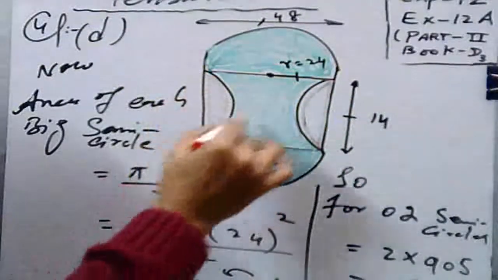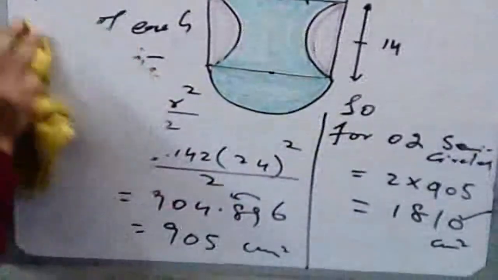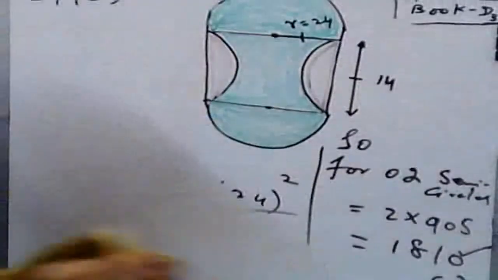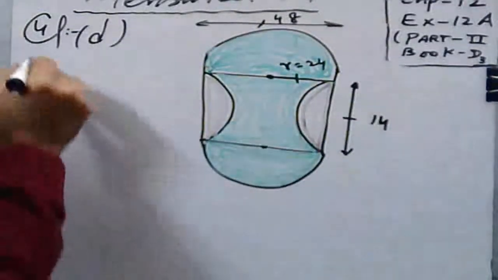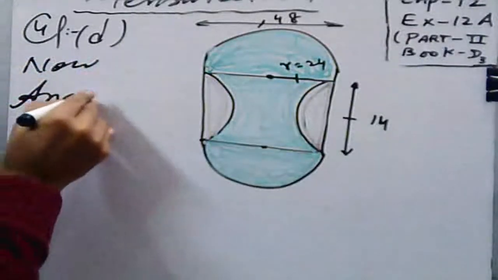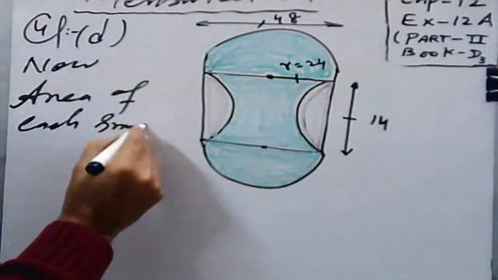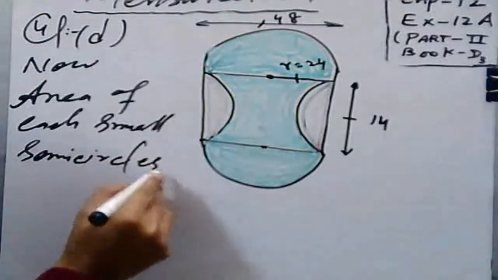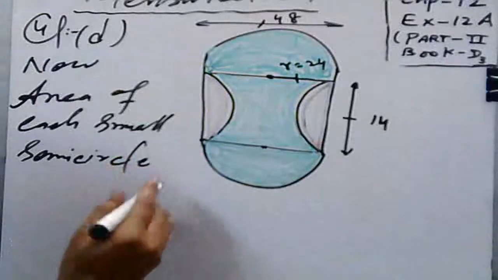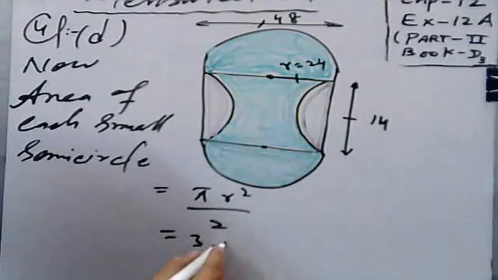So first we have to find the area of each small semicircle. Now the area of each small semicircle is equal to pi r square divided by 2, that is equal to 3.142 into 7 square divided by 2.